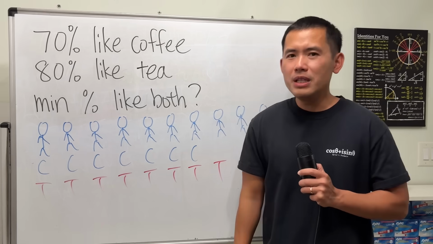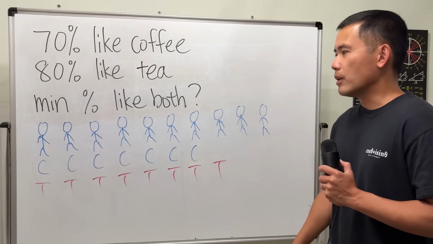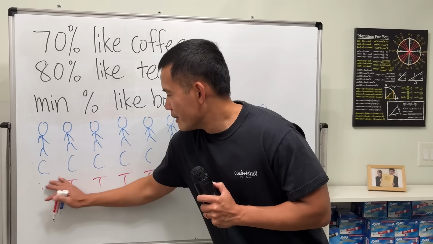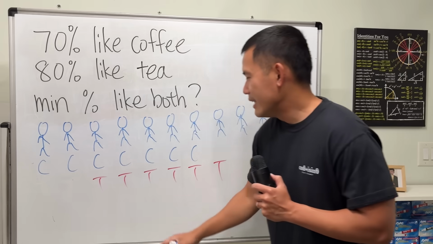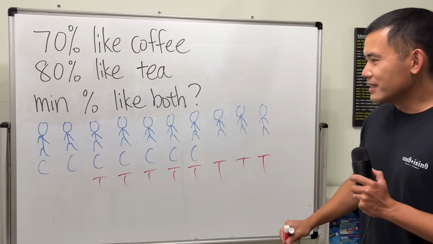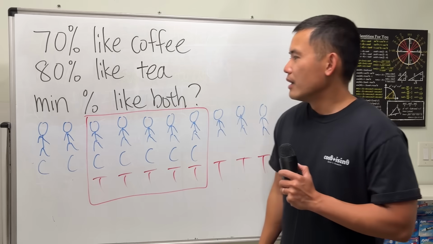I want to look for the minimal. So how can I arrange the T so that we can actually see the minimal who like both? Well, all I have to do is just erase these two, and then I'll put down all the T's right here. Now as you can see, only these 5 people like both.